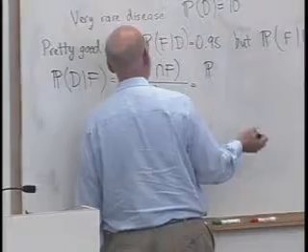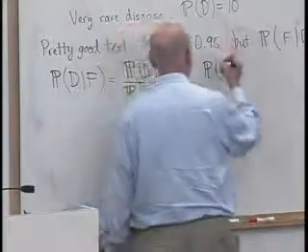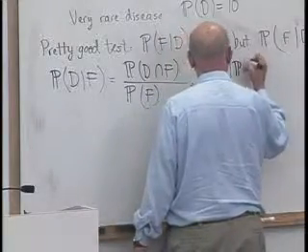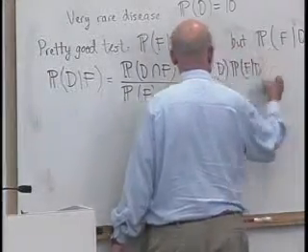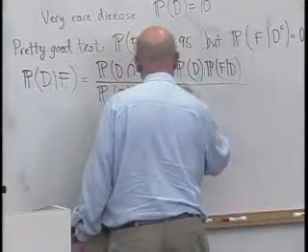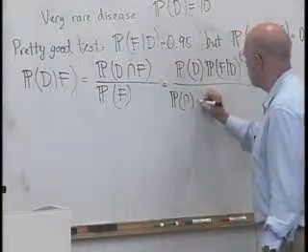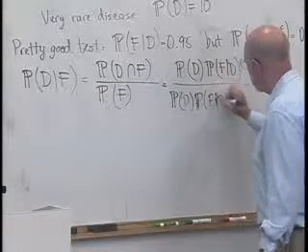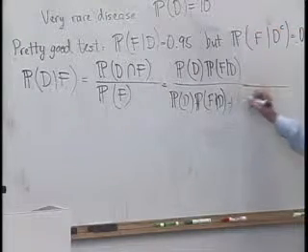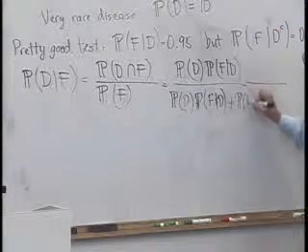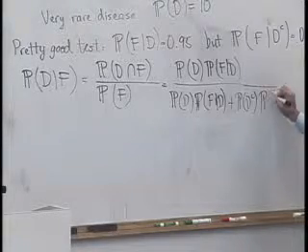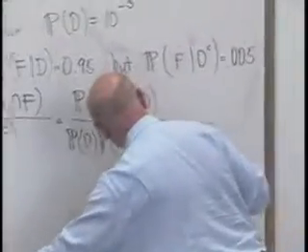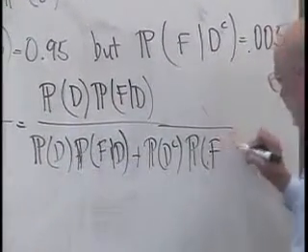This numerator is yet again the probability that you have the disease times the probability that the test comes up positive, given that you've got the disease, plus that same number onto which we must add the probability that you don't in fact have the disease, but the test came up positive nonetheless, that you got a false positive.